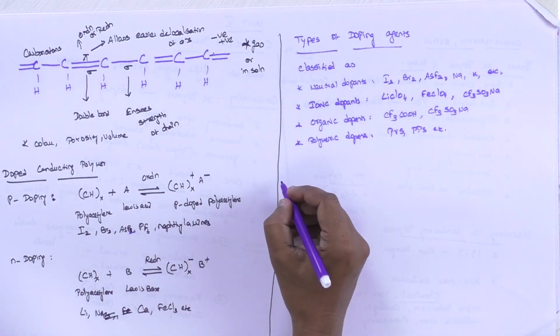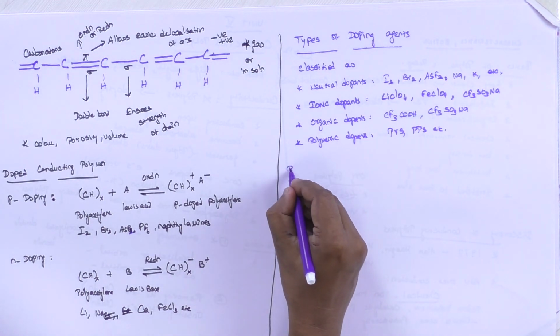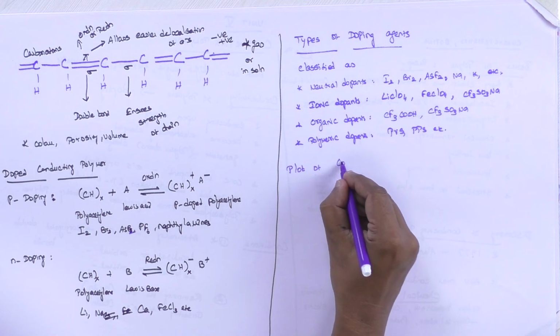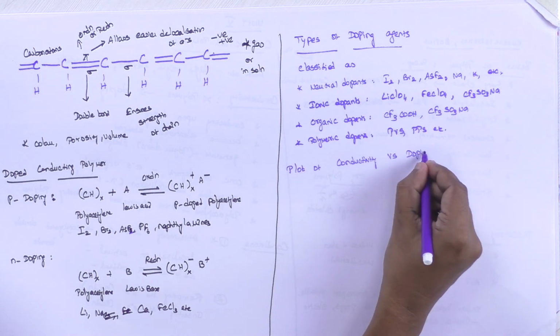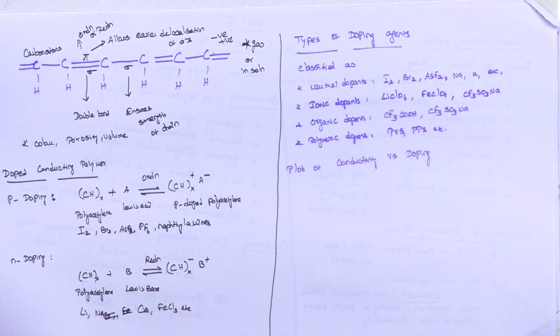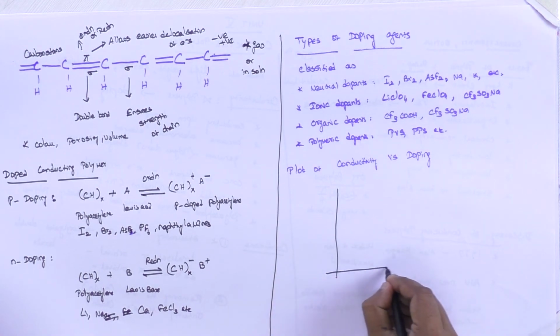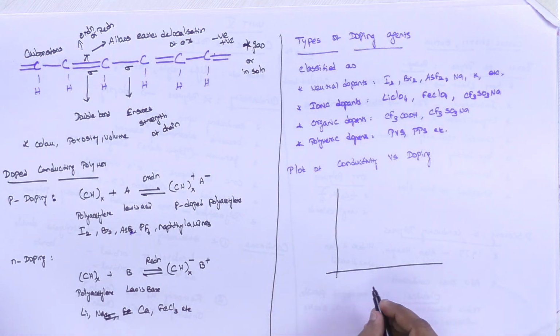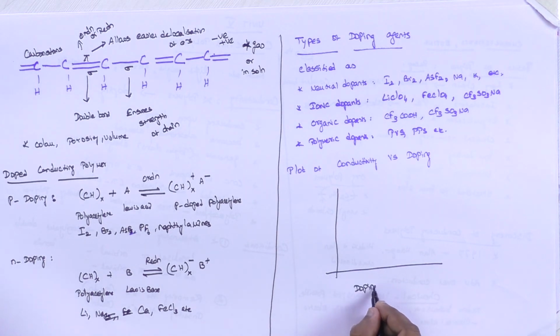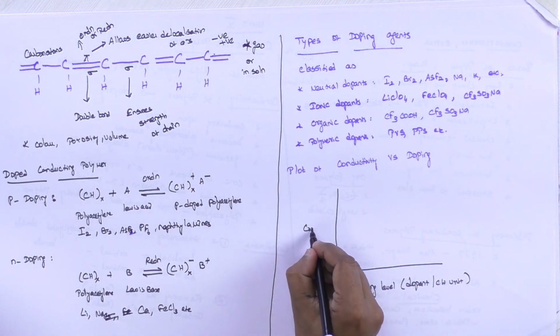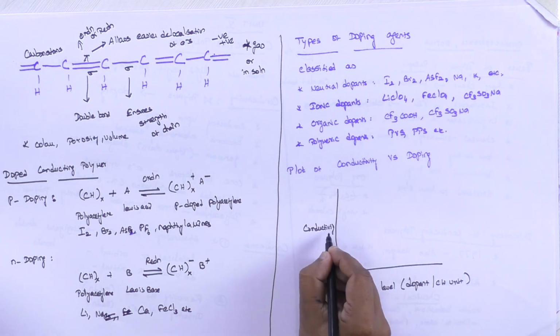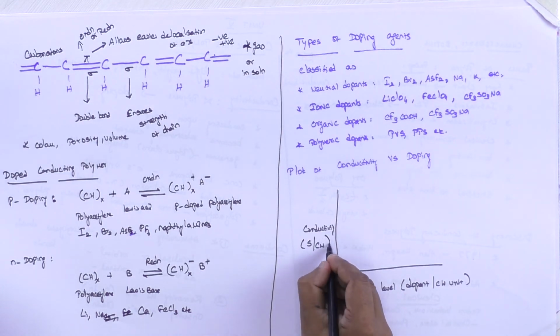And what happens when you dope it? I am going to give it as a curve, a plot of conductivity versus doping. When I plot a graph like this, I am going to plot it against the doping level, the dopant in CH unit, and your conductivity, which is in per centimeter, or centimeter minus 1.